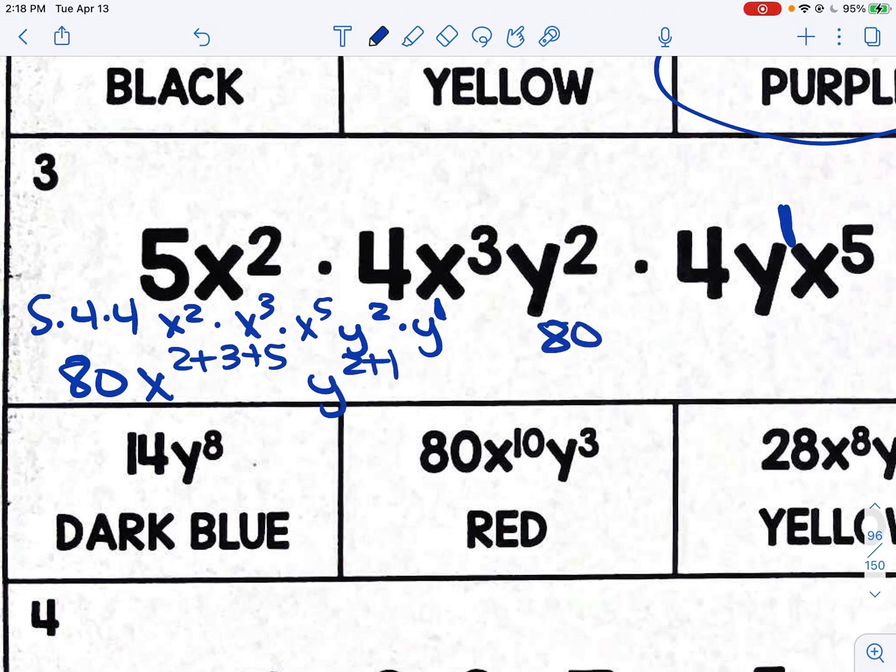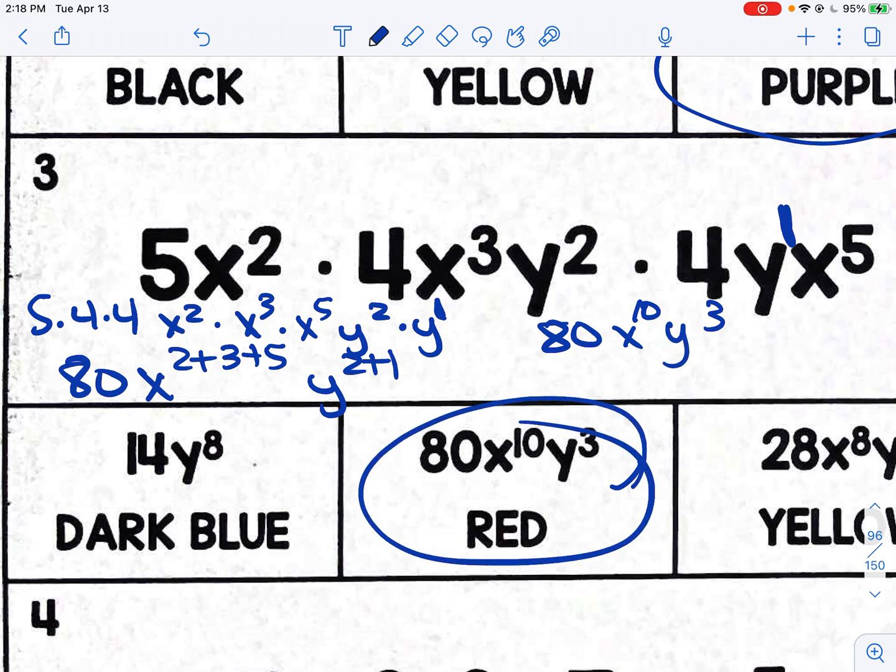So 80 x to the 5th, y to the 3rd. Did I mess something up? Oh, I did. I do not know how to add. That's to the 10th. Like all of a sudden that doesn't make sense.